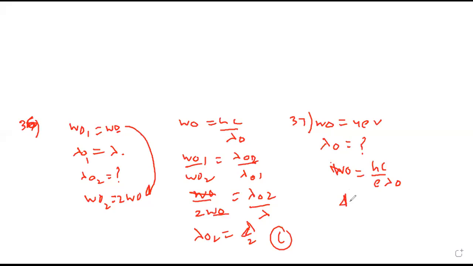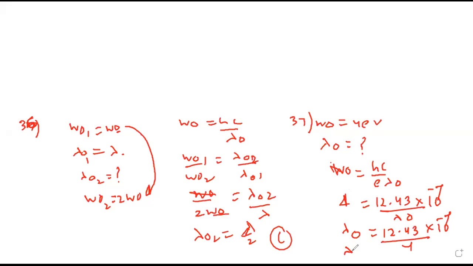So 4 equals 12.43 into 10 raised to minus 7 upon lambda 0. So lambda 0 is 12.43 into 10 raised to minus 7 upon 4. This is 3.10 into 10 raised to minus 7 meter, or 3100 angstrom unit. 3100, yes, options.